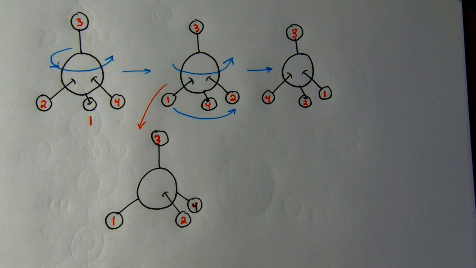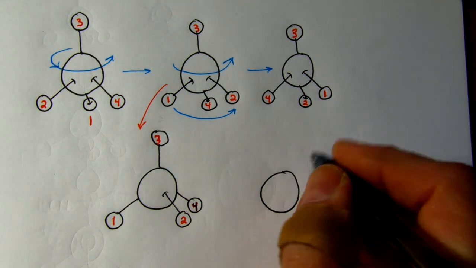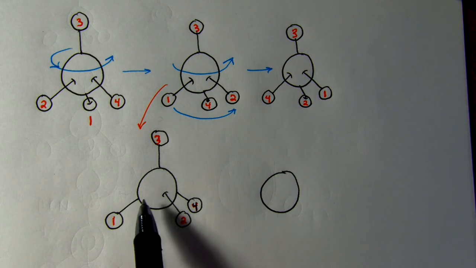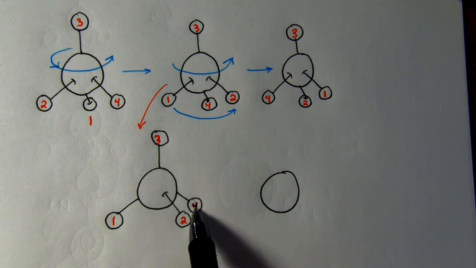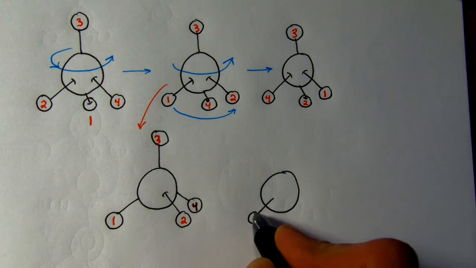Let's figure out the best way to do that. So let's take this diagram here. And if we tilt this, keeping 2 and 4 where they are, right? So 2 and 4 are going to stay right there.